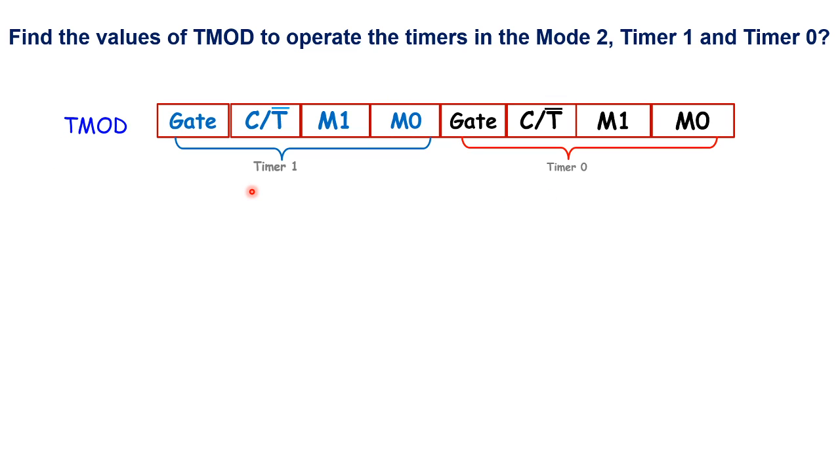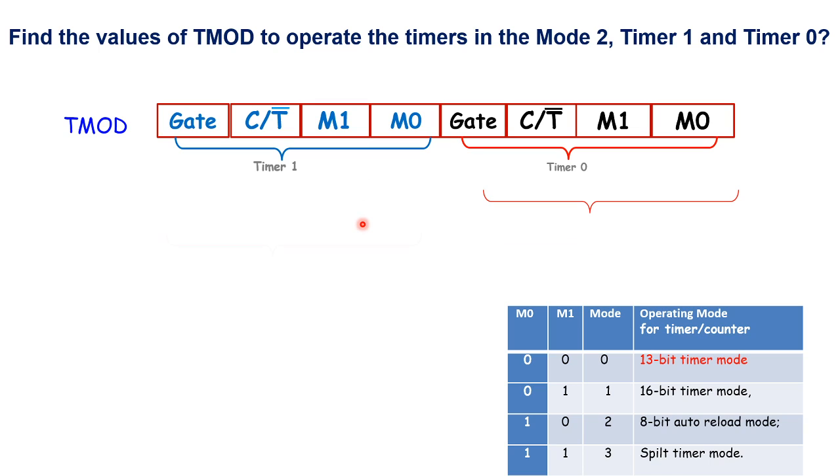Timer 1 and timer 0 each have 4 bits, one lower nibble and one upper nibble of 4 bits, and this is the separation.